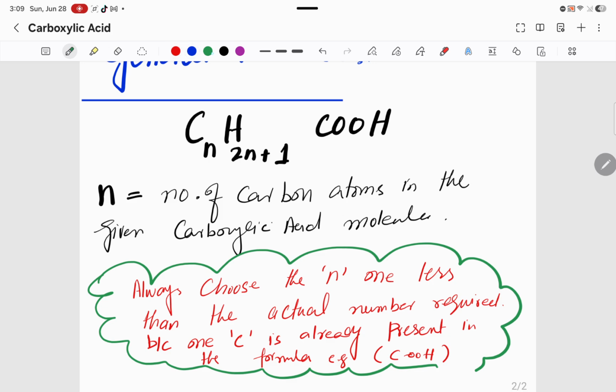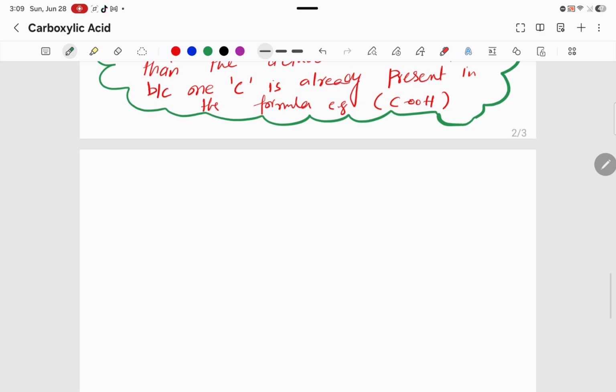So in short, 1C is already present in the formula. That's why we will always choose one carbon less. Let's understand it with the help of a few examples.